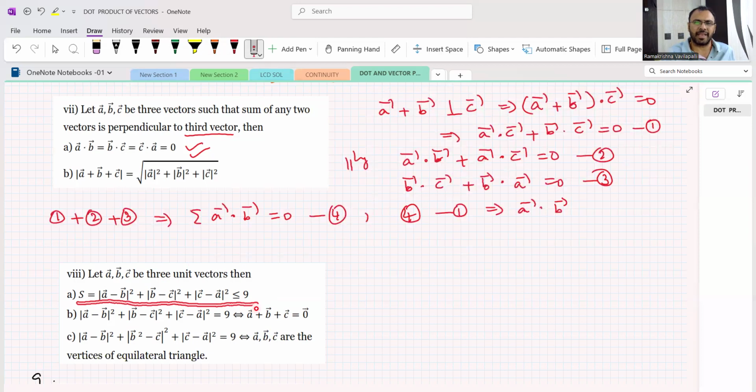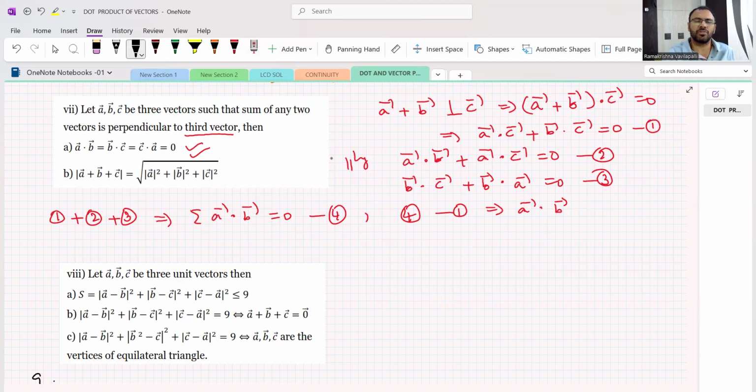And if it is equal to exactly 9, then A plus B plus C is equal to 0 bar vector.